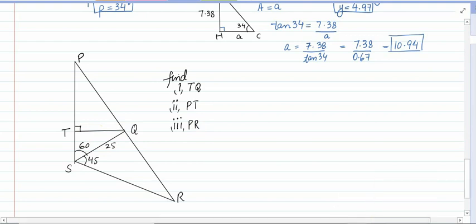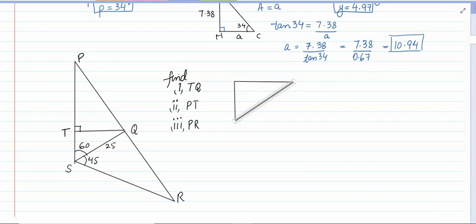So if I draw the triangle TQS separately, TQS is 90 degrees. This angle is 60 and the side is 25.